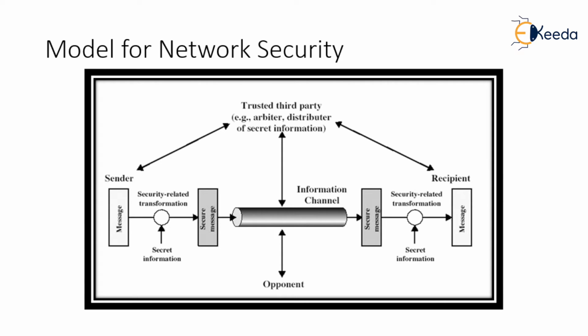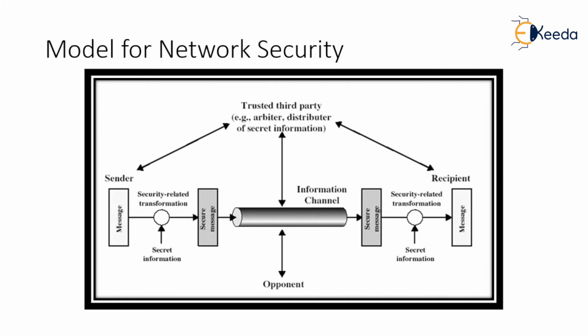So basically, this complete network security model gives you an idea of transmission of data in a secured manner. For transmitting the data in a secured manner, encryption methods can be used for encrypting the messages.